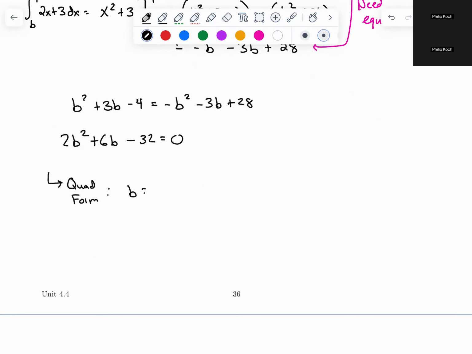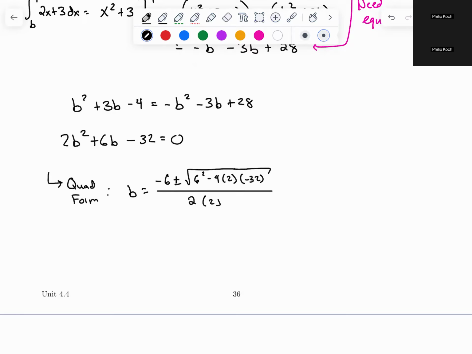b is equal to negative b, so negative 6 in this case, plus or minus the square root of b squared, so 6 squared, minus 4 times a times c, which is negative 32, all divided by 2a, so 2 times 2.